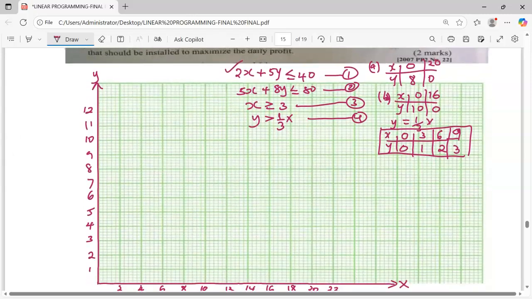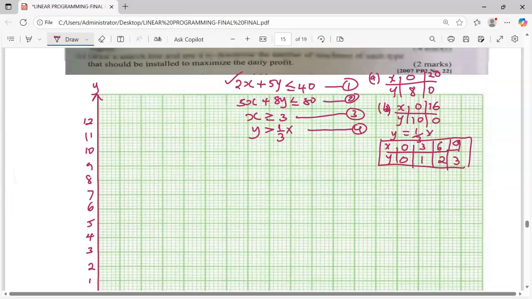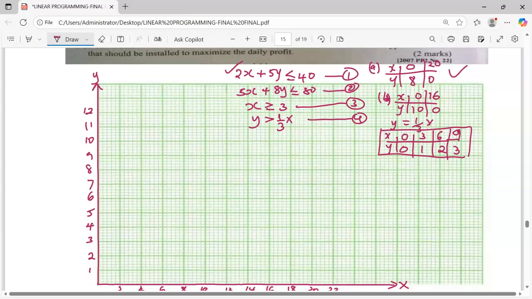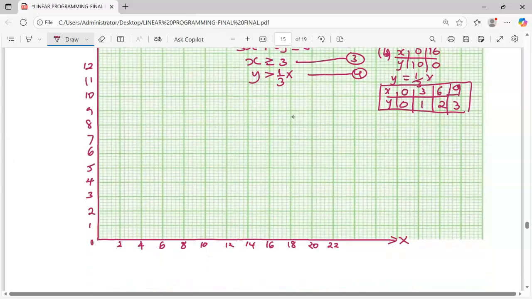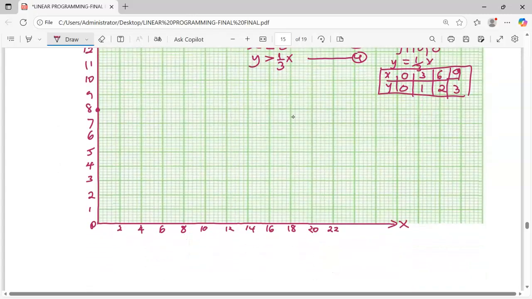From here, we are going to start drawing the lines and shading. For the first one, when X is 0, Y is 8 at this point here. And when X is 20, Y is 0 at this point. So we draw a line joining the 2 points.